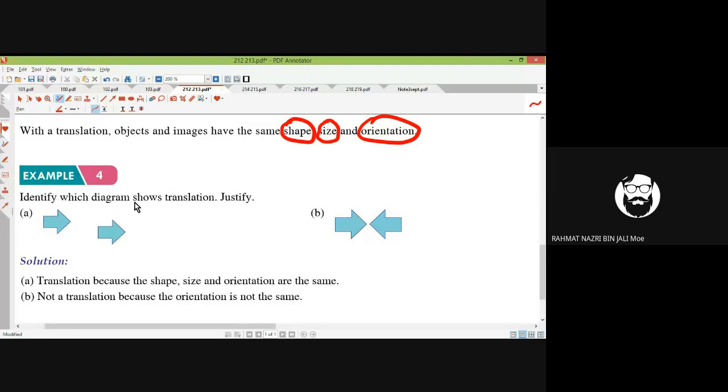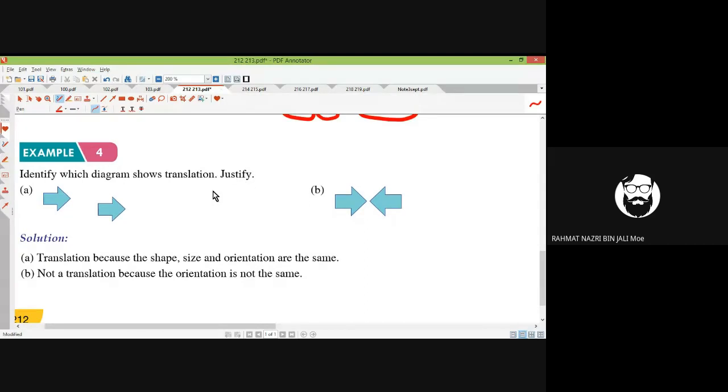Identify which diagram shows translation. Justify. Okay, A. Look at this, the shape 1. The object, let's say this is object and this one is image. Okay, object and image have the same shape. The arrow 1 with head to the right.